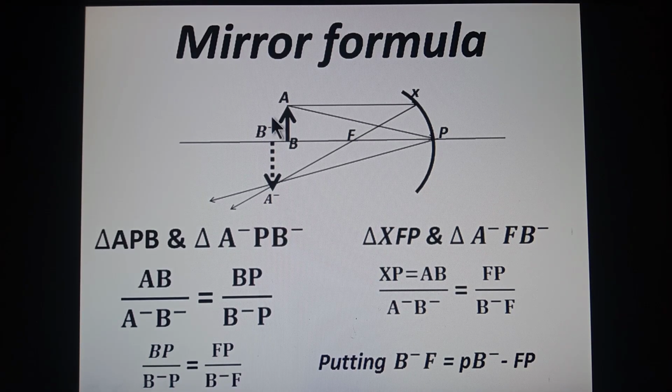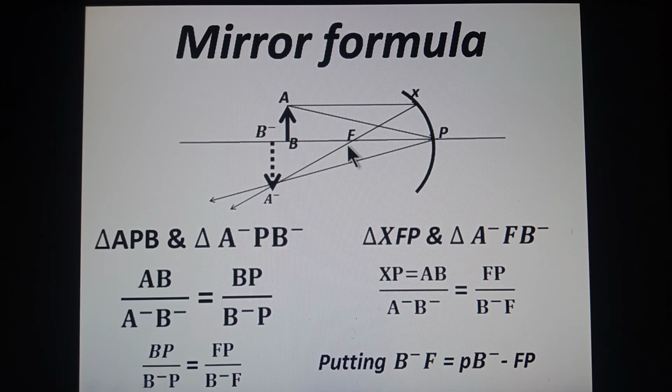Now look at the diagram. The distance B prime F has no specific name. So we replace this distance with another combination of two distances. We represent this distance by the difference of two distances. This distance B prime F can be obtained by subtracting FP from this bigger distance PB prime.